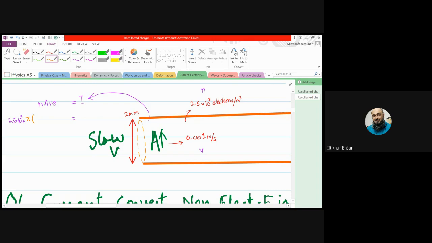The 2 millimeter diameter, the radius will be 1 millimeter, and millimeter is 10 raised to power minus 3, right? Speed is 0.01. And what do you mean by e? The charge of one electron, which is 1.6 times 10 power minus 19 coulombs.